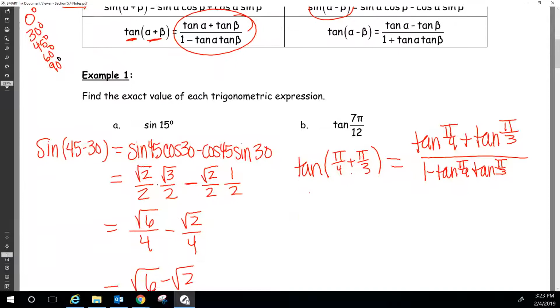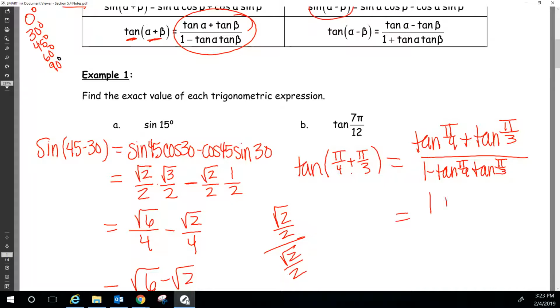All right. Then we're going to go back to that unit circle that we have memorized up in our noggin. What is tangent of pi over 4? At pi over 4, y is the square root of 2 over 2 divided by x, which is the square root of 2 over 2, and that would just be 1 plus, all right, pi over 3, what's your y value? It would be 1 over 2.